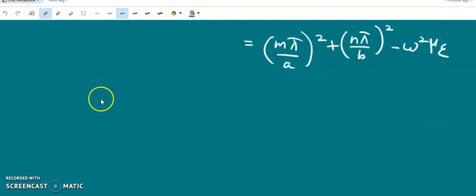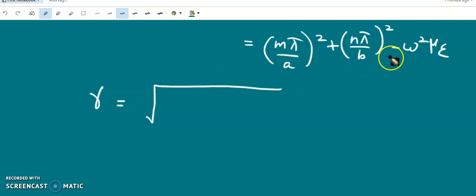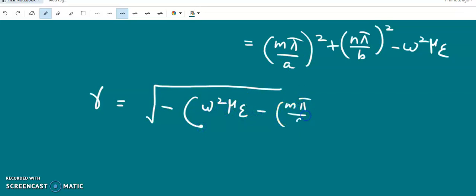And gamma is the square root of this quantity, and for propagating mode gamma is purely imaginary. So we can take negative outside: minus of omega square mu epsilon minus m pi by a whole square minus n pi by b whole square.